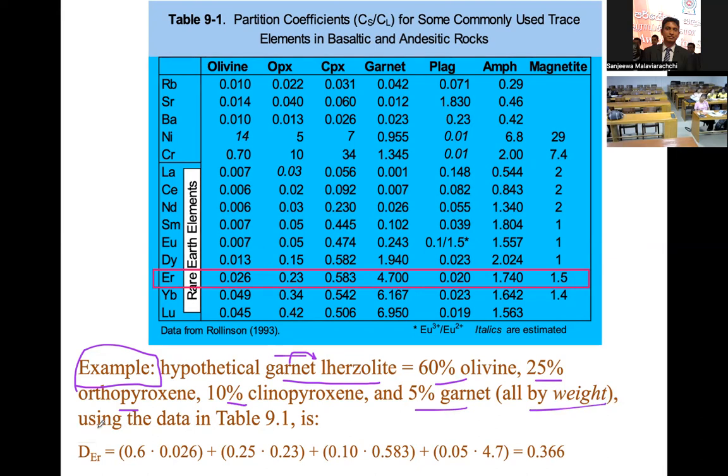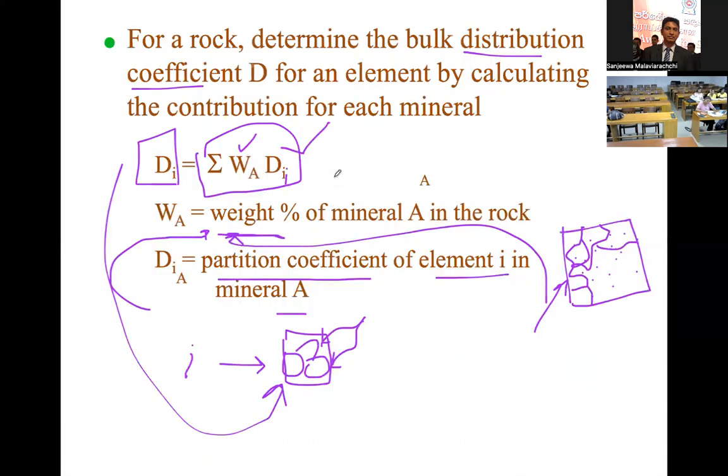So using the data given in the previous table that we referred to just now, calculate the bulk partition coefficient of this element, erbium, sorry, Er, right? So you have the partition coefficient given. Remember, we are using this formula.